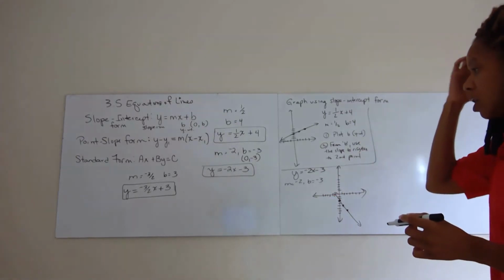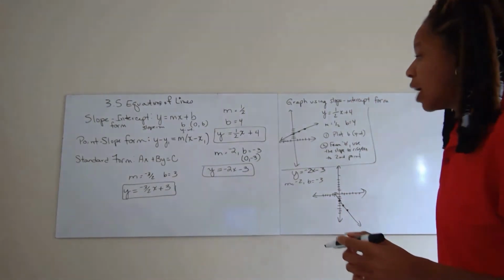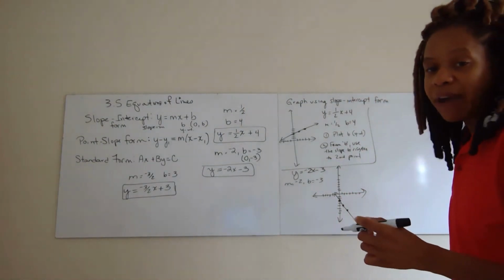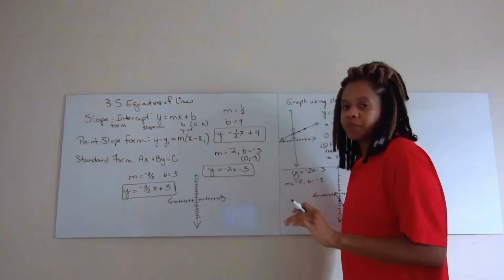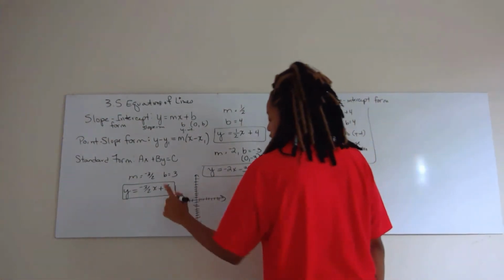Right? Okay. All right. Next, we're going to do this last one over here. y equals negative 3 over 2x plus 3. You should pause it and see if you can graph that line. I'm going to pause it too. All right. So what we should have done is plotted the 3 first.